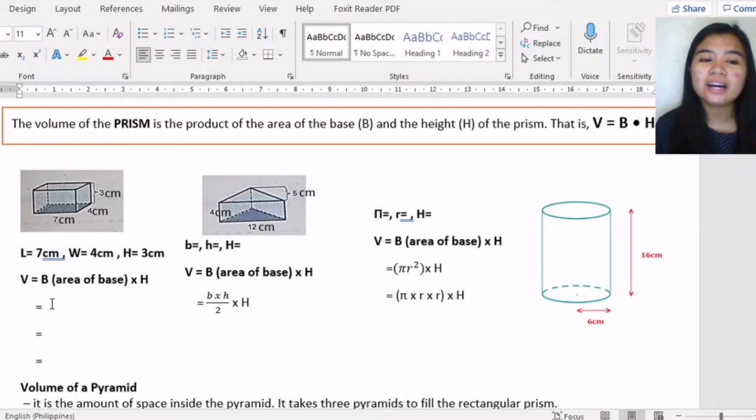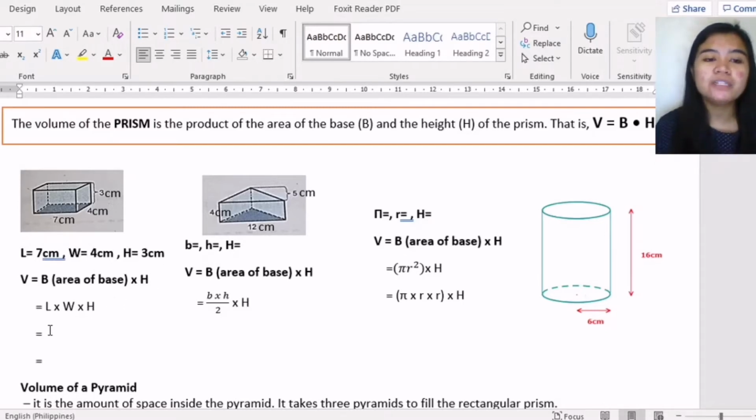Ang area ng rectangular base, that is length times width. Di ba ganyan ang kanyang area? And then times, dagdag na natin itong sa dulo, times the height. Area of the base, which is length times width, and then times the height or h.